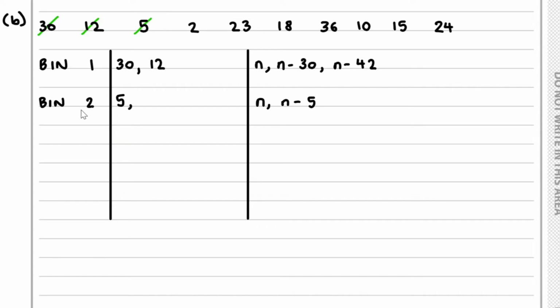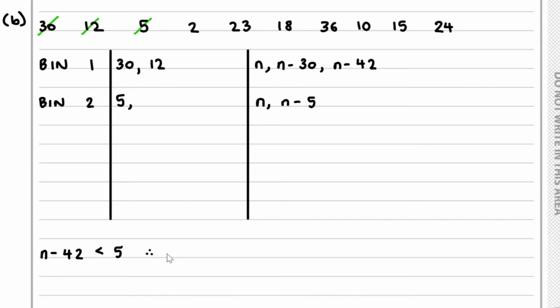Now if the 5 has been placed into bin 2, that means there wasn't enough space in bin 1 to place the 5 into it. So this will imply the space that was left over in bin 1, which is n minus 42, this must have been smaller than the 5 for the 5 to be placed into bin 2.